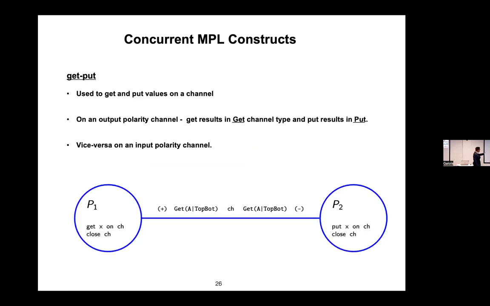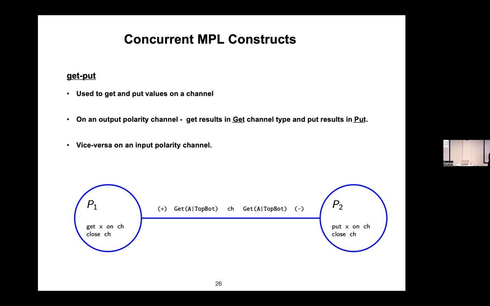In one of the earlier slides, we saw what the wrong configuration of getting and putting looks like. Here, let's look at what the right configuration looks like. If P1 wants to get something on channel CH, P2 should be putting it, and this CH is an output channel for P1.